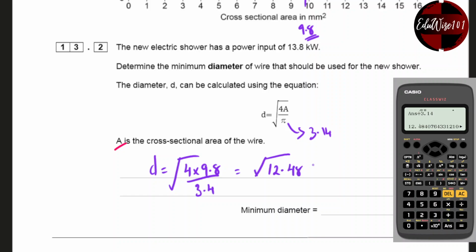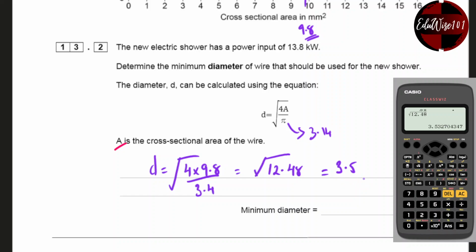So let's find the square root of 12.48. That gives me 3.532.